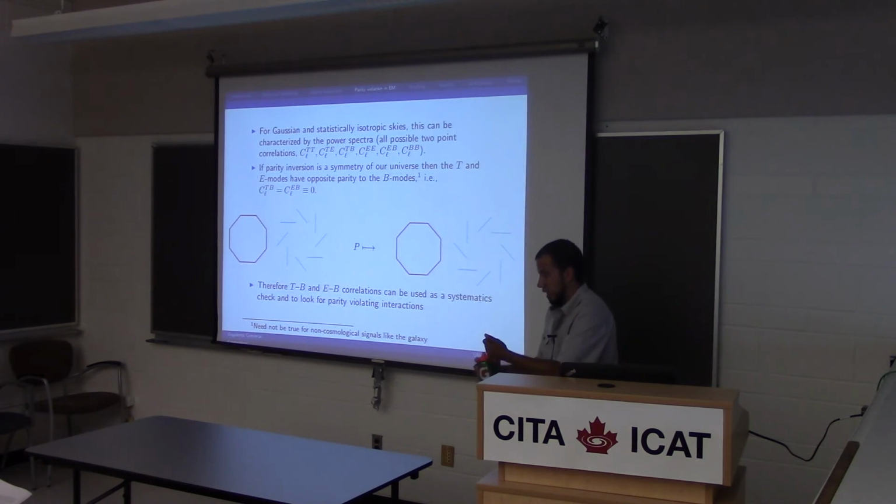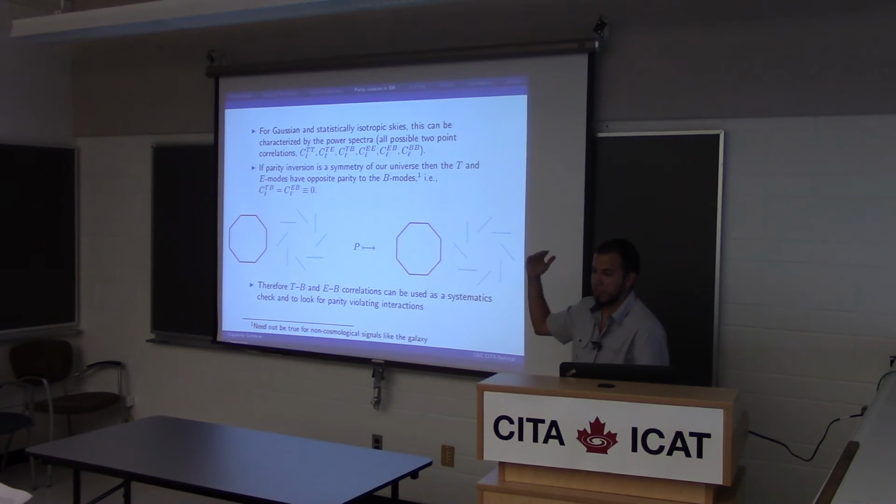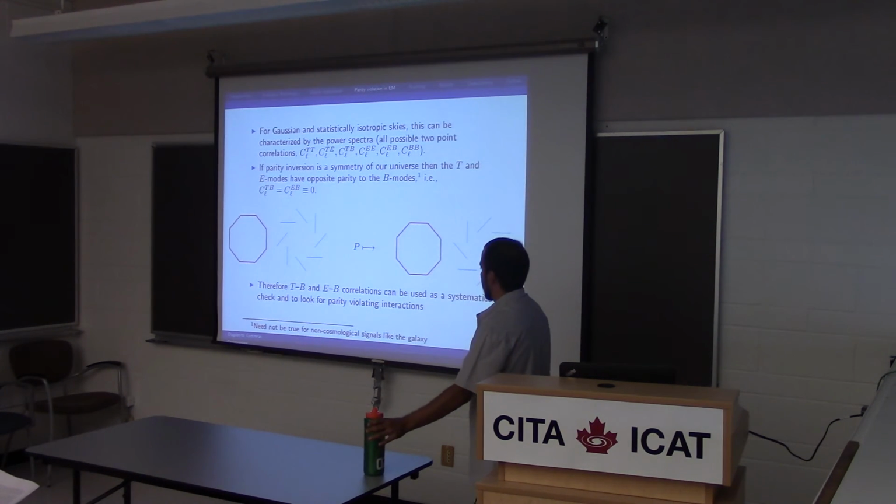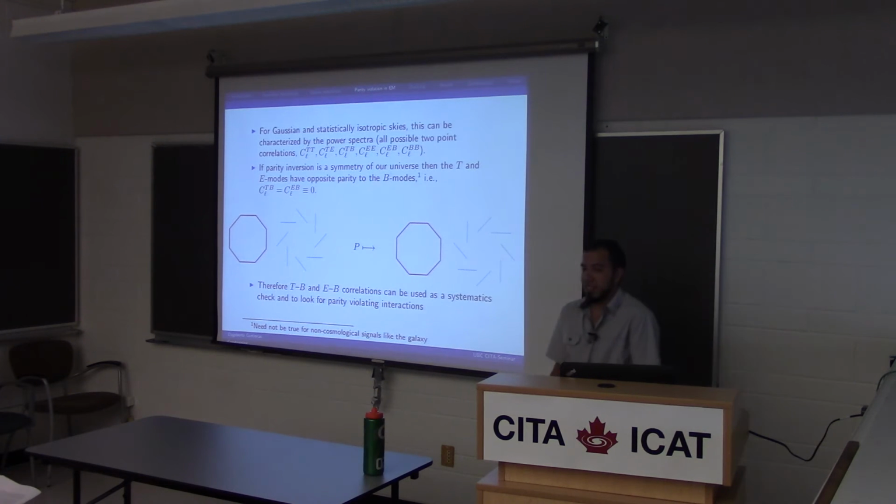If I correlate those two, this symmetry guarantees that TB and EB have vanishing correlations. So I can use these correlations to look for parity violating signatures in the universe.